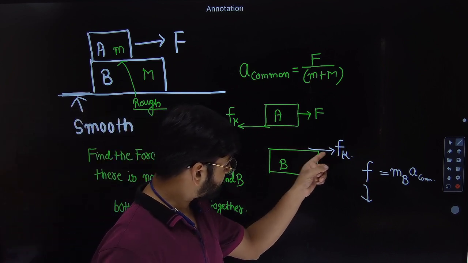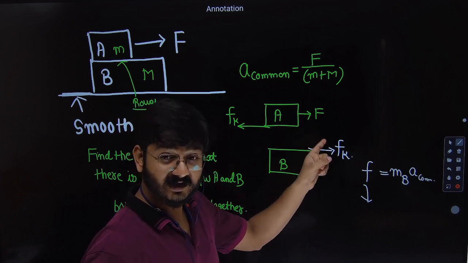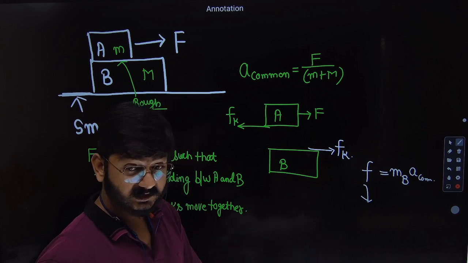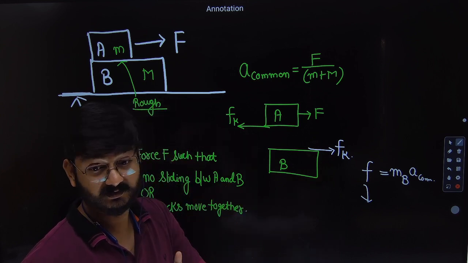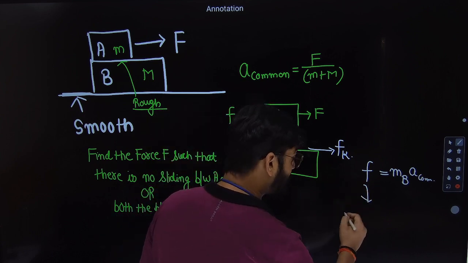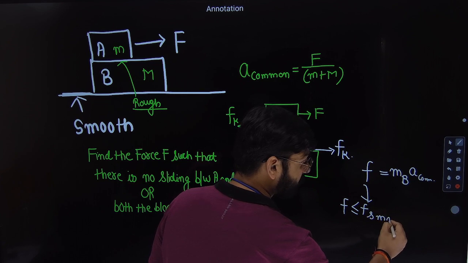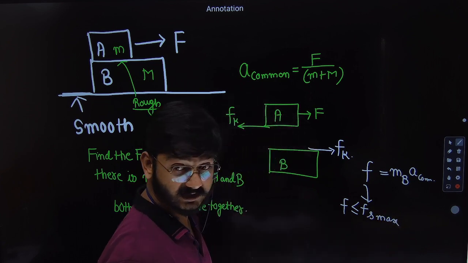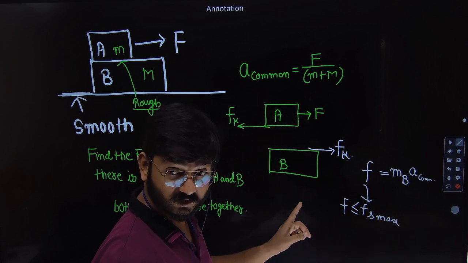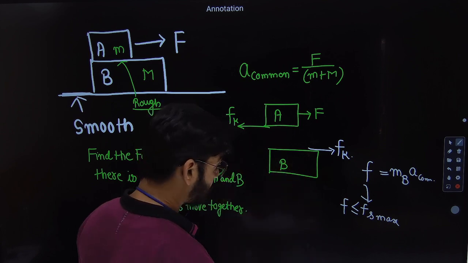So if this force is moving it, this force should be less than Fs max. There is not a single point which you need to mug up if you understand each and every point. So this force should be less than Fs max. Anyone having doubt in this? Why? Anyone in the class? Because I don't want any sliding, and this is the force which is responsible for moving this.